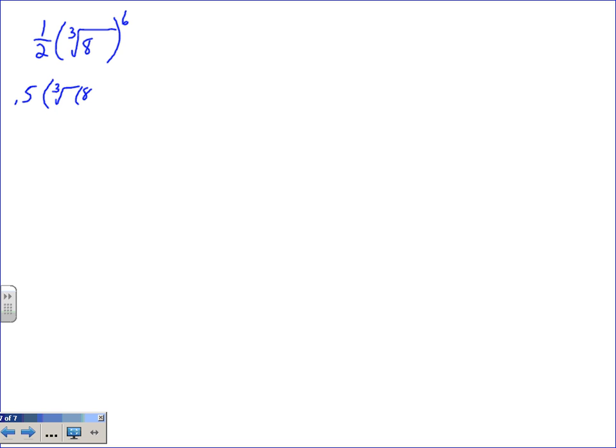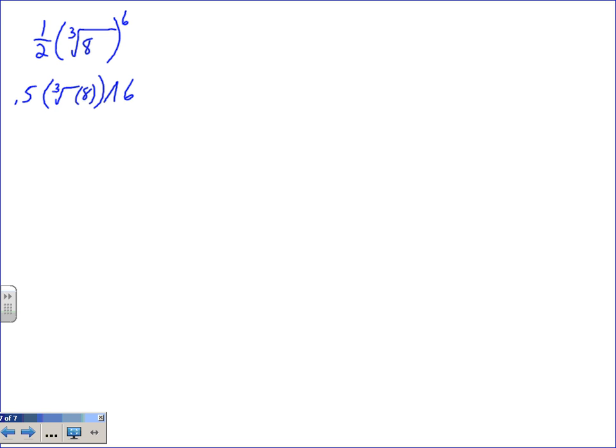Close the parenthesis on the 8. Close the first parenthesis. And then raise it to the 6th power. And your answer should be 32. Okay?